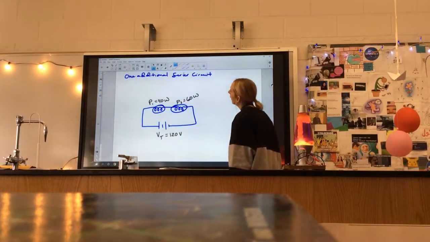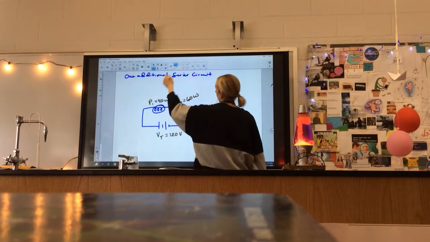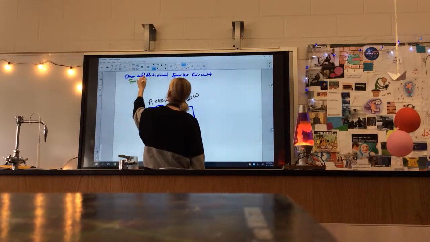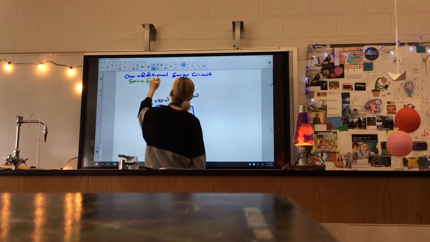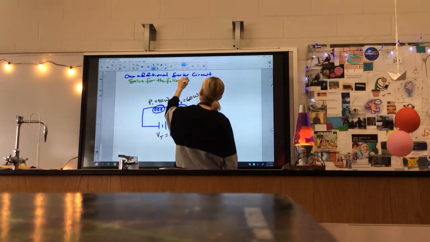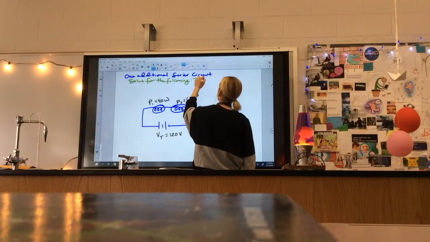Okay, so I want to know everything about this circuit. So you're going to solve for the following. Total current in the circuit.